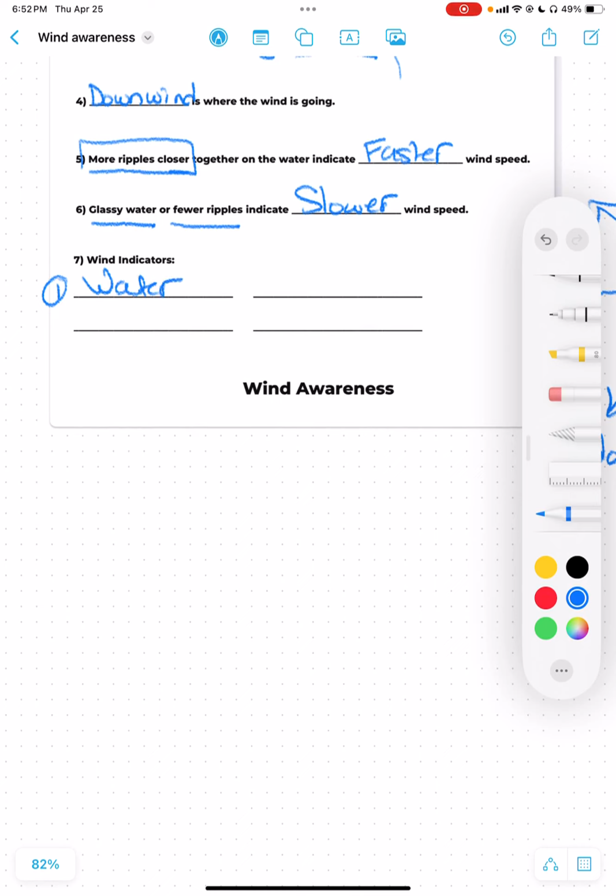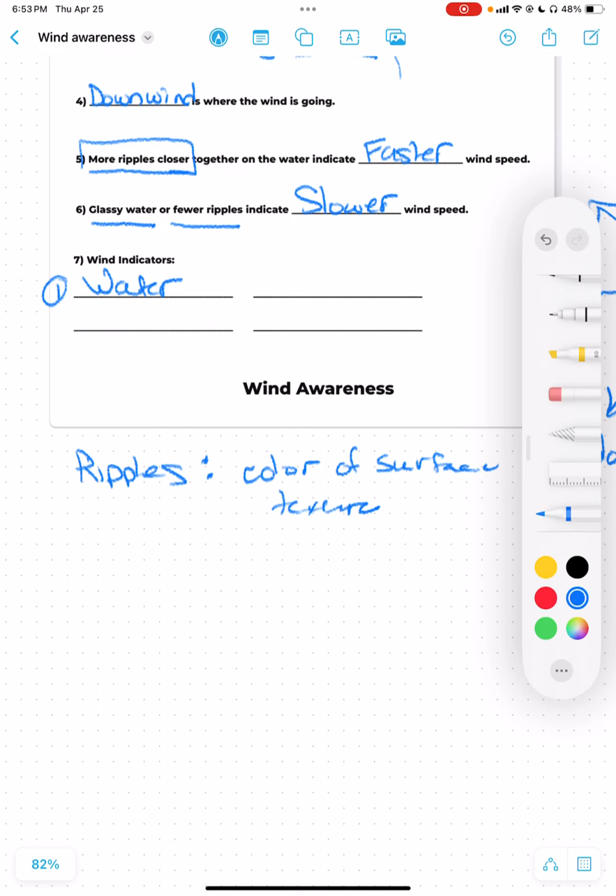The first one we talked about is the water. There are special indicators in the water that you want to look at. We talked about ripples in the water, and that changes the color or the texture of the surface of the water.